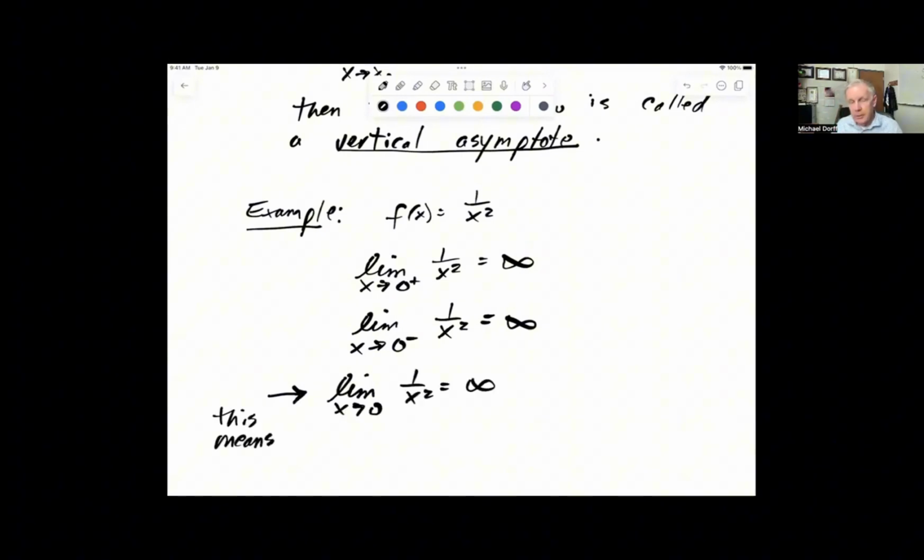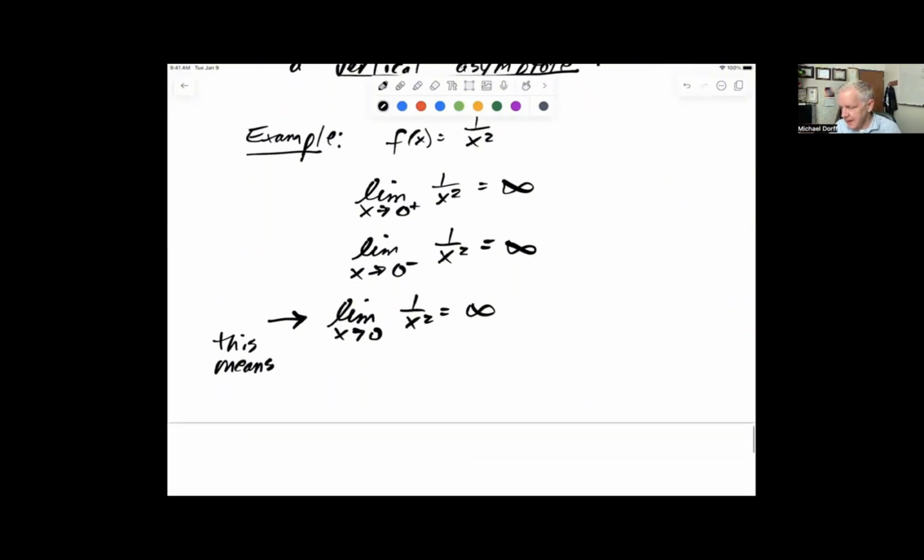The limit from the right is the same result as the limit from the left, and those are infinity, so the limit as x goes to 0 also is infinity. Again, this means the limit doesn't exist, but we get more information by saying that it equals infinity. And this also means we have a vertical asymptote at x equals 0.